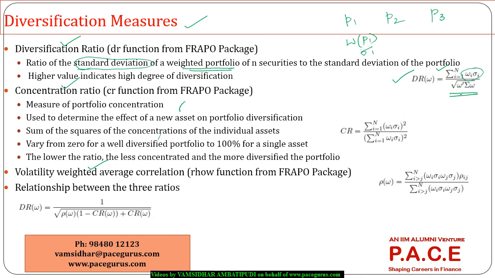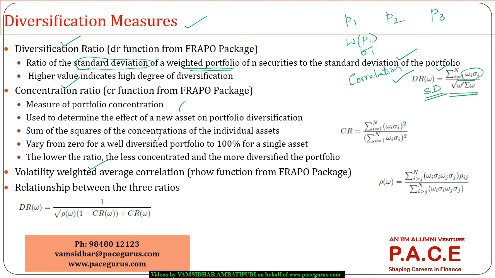And the denominator comes out to be the overall standard deviation of the portfolio. So I am taking the standard deviation of the portfolio after considering the correlations between the assets, and the numerator is simply the weighted average of the individual standard deviations.